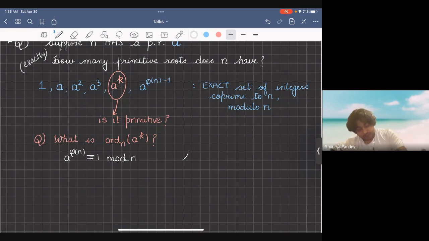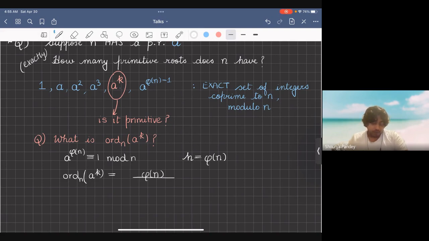Here h, which is the order, is phi of n. And so what would the order of a to the k be? Directly by the formula, it's h, which is phi of n, divided by GCD of phi of n and k.